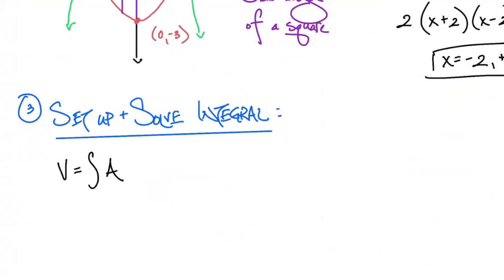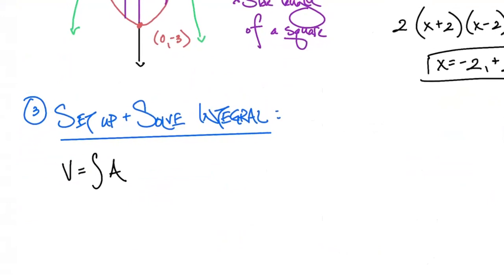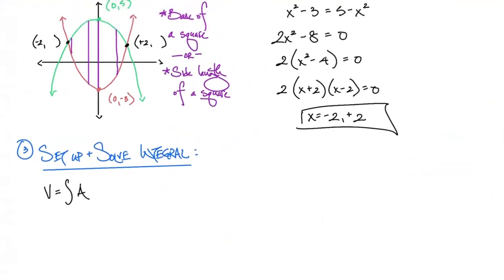Volume equals the integral of area. And then we need to start making some decisions. The first decision we want to make, using our diagram, is: do we want to do dx or do we want to do dy?